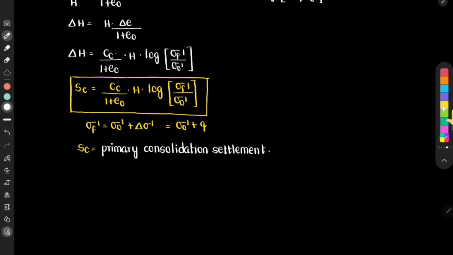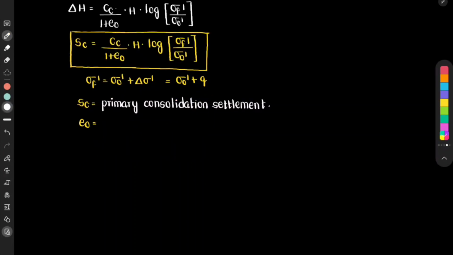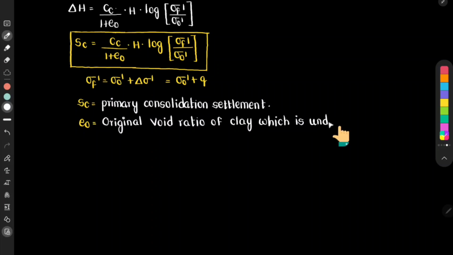And then what is E naught? E naught is the original void ratio of the clay, which is undergoing consolidation.